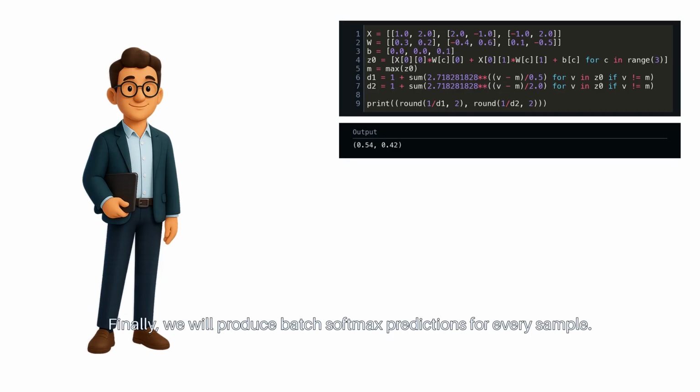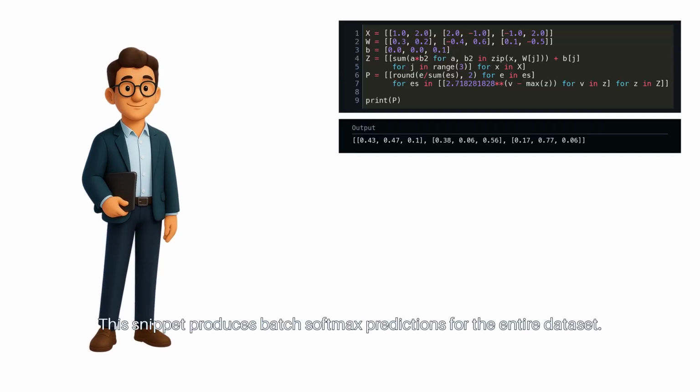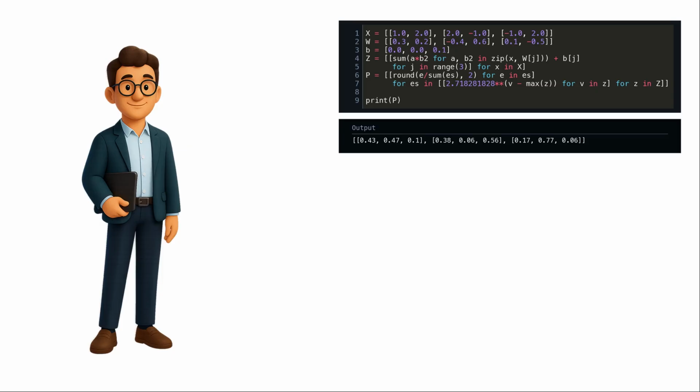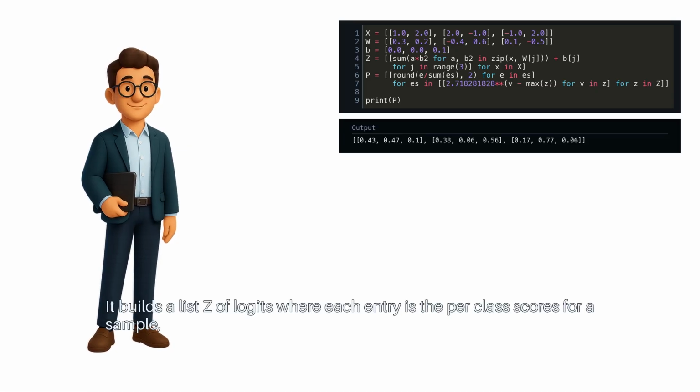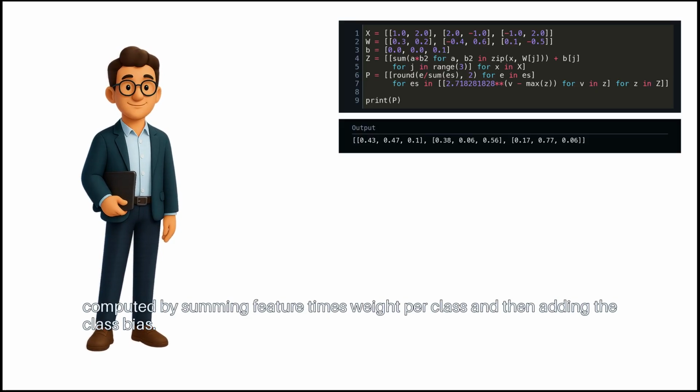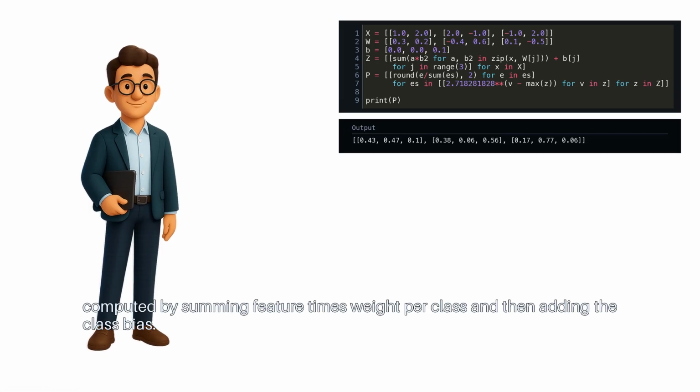Finally, we will produce batch Softmax predictions for every sample. This snippet produces batch Softmax predictions for the entire dataset. It builds a list Z of logits where each entry is the per-class scores for a sample, computed by summing feature times weight per class and then adding the class bias.